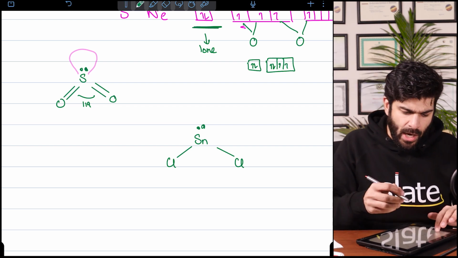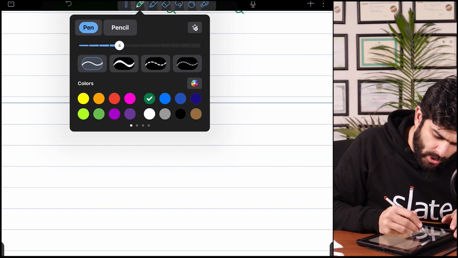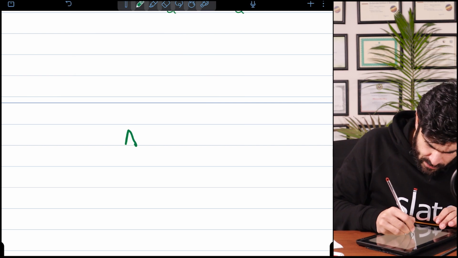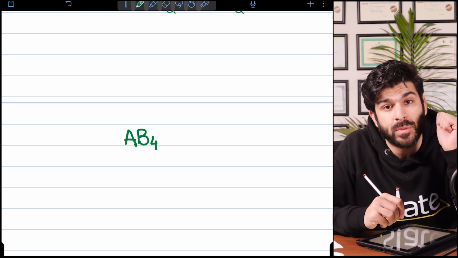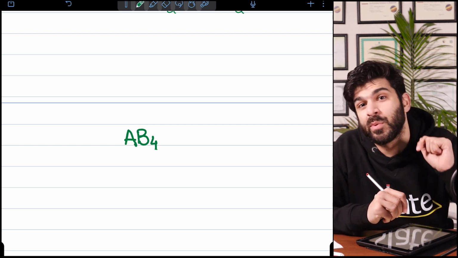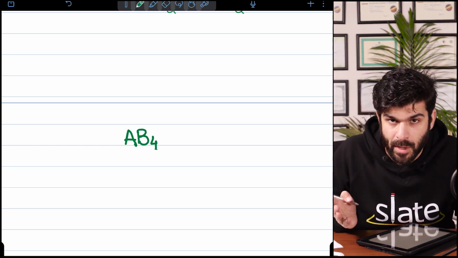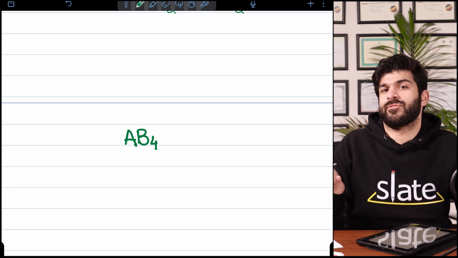That's it. Now, one of the most important ones in chemistry, AB4. Why is it one of the most important? Because this one is going to deal with carbon mainly. And when we talk about carbon, that's organic chemistry.